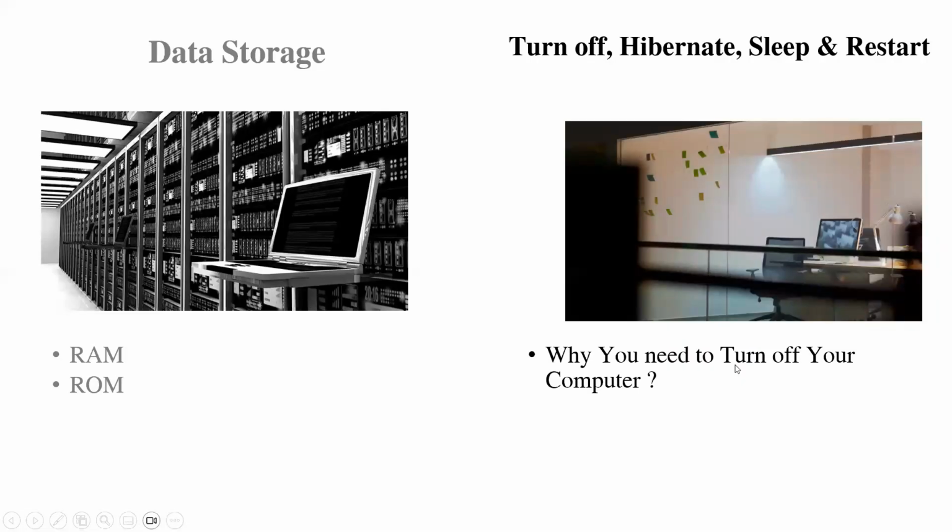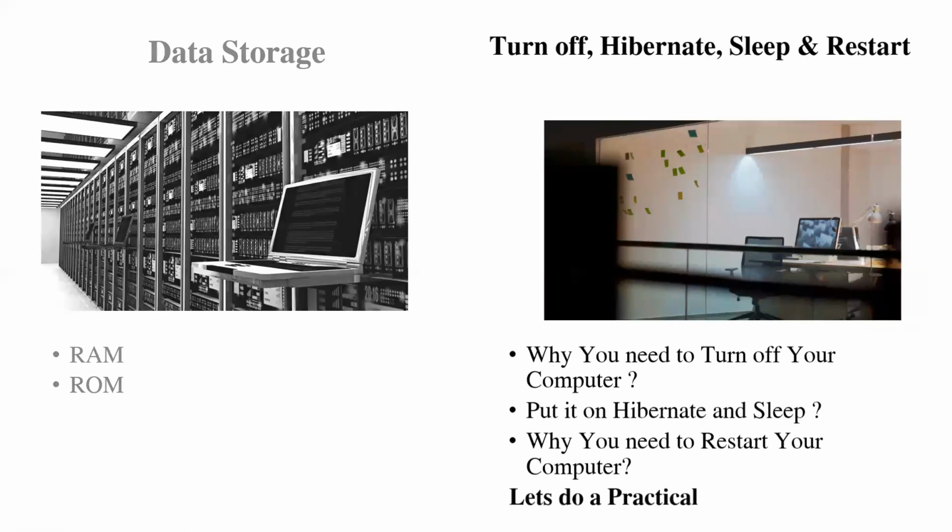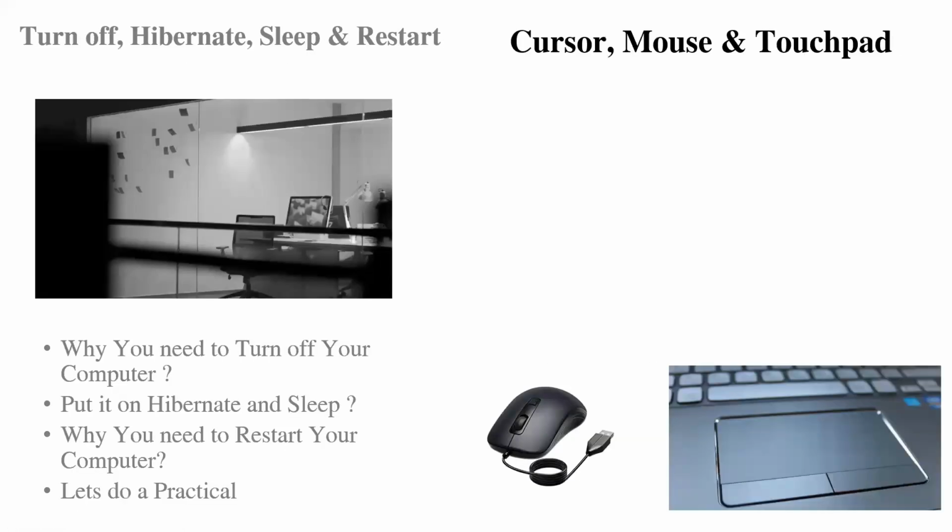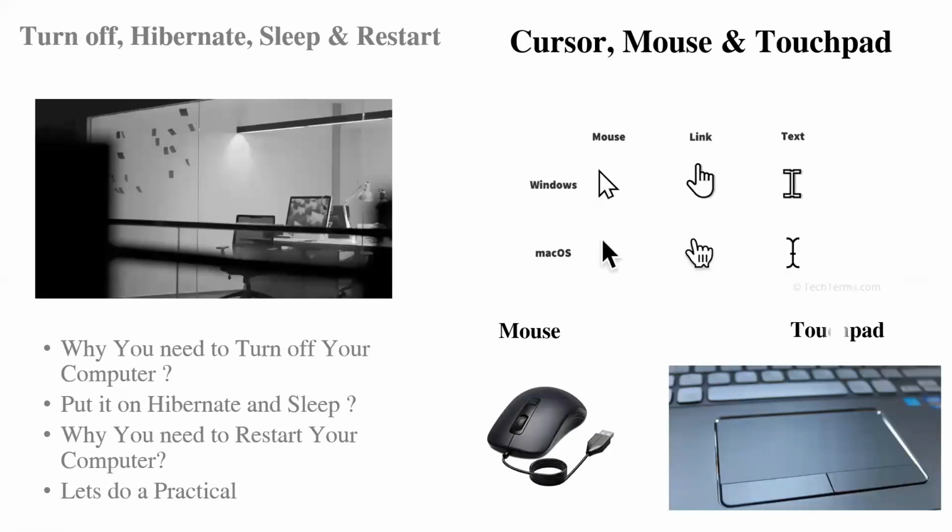Okay, so the next thing we are going to discuss is the cursor, the mouse, and the touchpad. So please just look at these pictures that I just showed you. This one that you are seeing is the mouse. These are the mice that we have, and I just show you three of them.